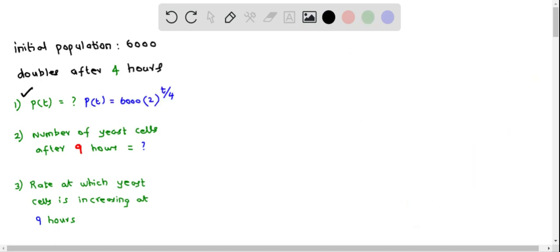We now answer question 2, that is we have to determine the number of yeast cells after 9 hours. So for that we can use this function p of t, which represents the number of yeast cells after t hours. I'm going to utilize this. This is 6,000 times 2 raised to the power of t by 4.